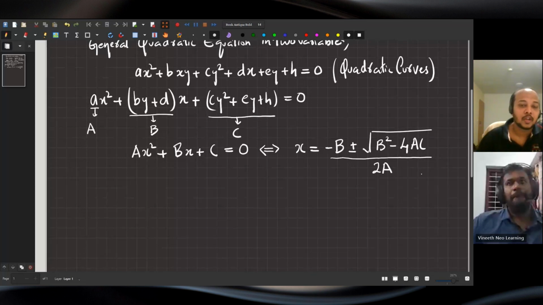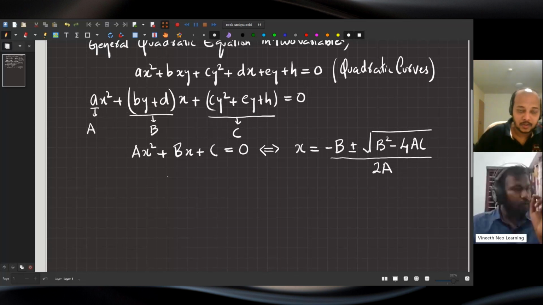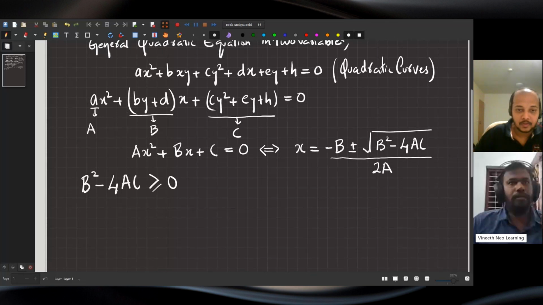B squared minus 4AC should be greater than or equal to 0.